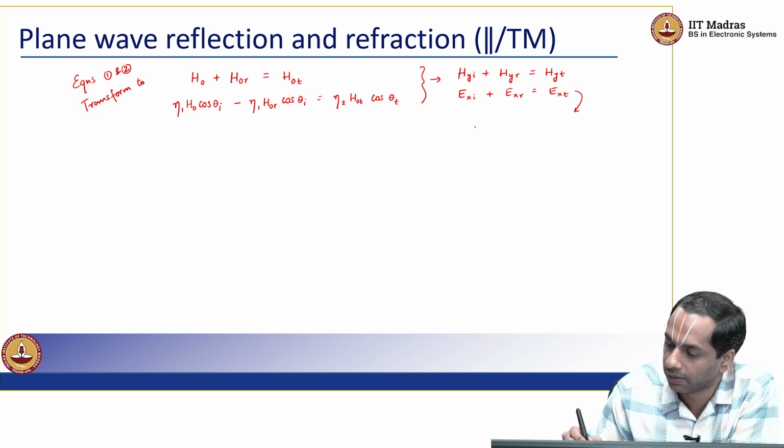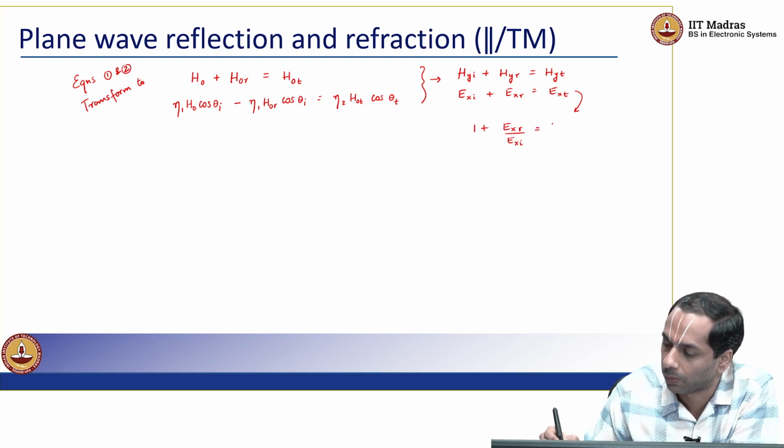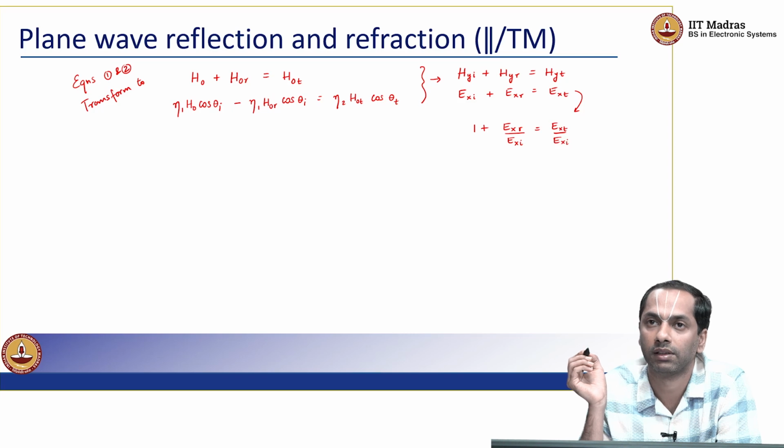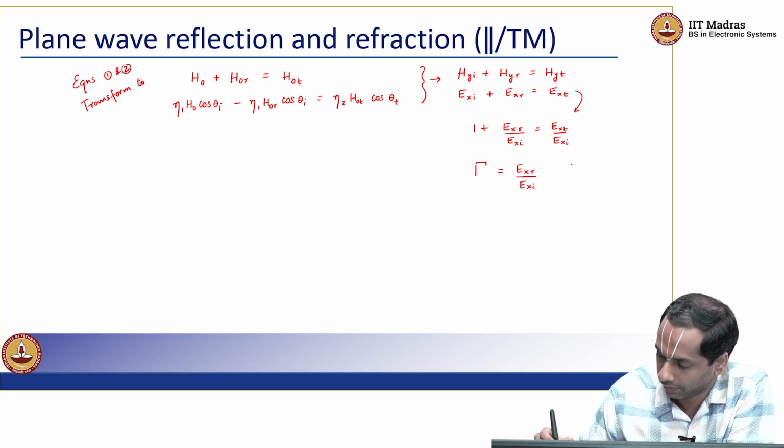Okay. So, now we will look at the second equation here, and we will define 1 plus Exr by Exi. Remember, Exi is a known quantity, right? That is why I am normalizing my Exr and Ext to Exi, and I will call my reflection coefficient as this ratio and the transmission coefficient T as Ext by Exi.